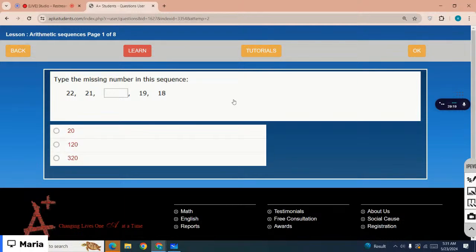So the next one after 21 is the correct option, 20, right? Option number 1 is the correct option.